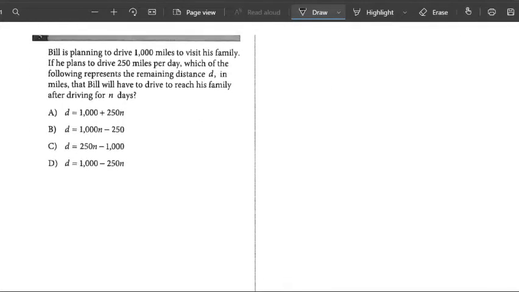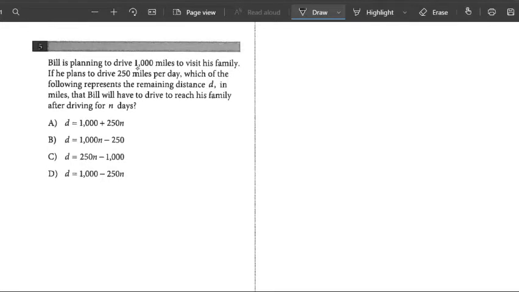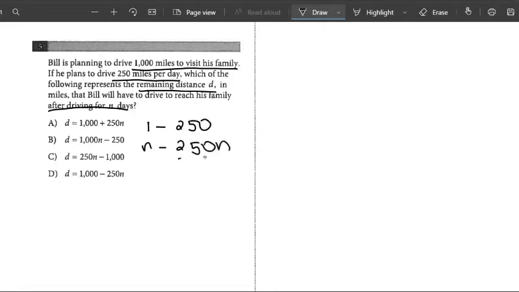Fifth question. Bill is planning to drive 1000 miles to visit his family. If he plans to drive 250 miles per day, which of the following represents the remaining distance D after driving for n days? Okay, so in one day he travels 250 miles. So in n days he'll travel 250n miles.